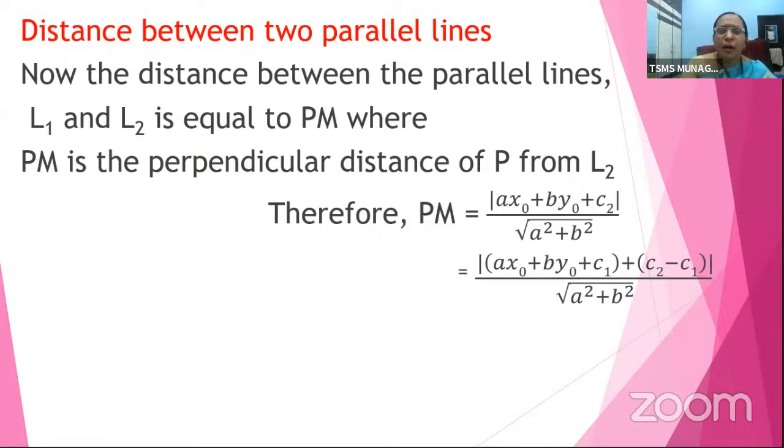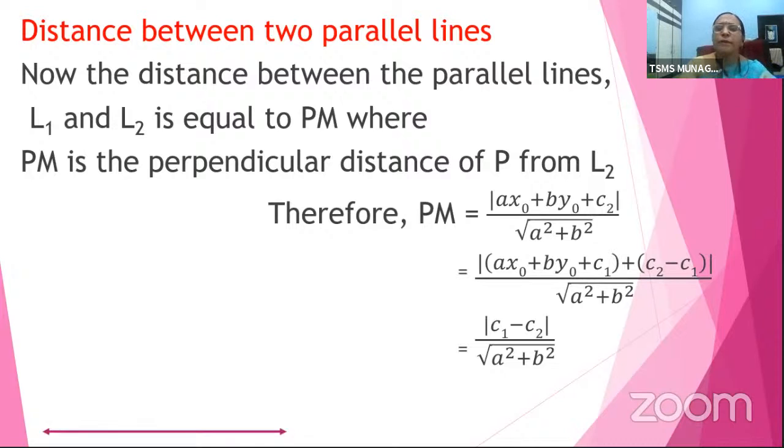Now ax0 + by0 is nothing but minus c1. If you substitute that, you will get modulus of c1 minus c2 by root of a square plus b square.